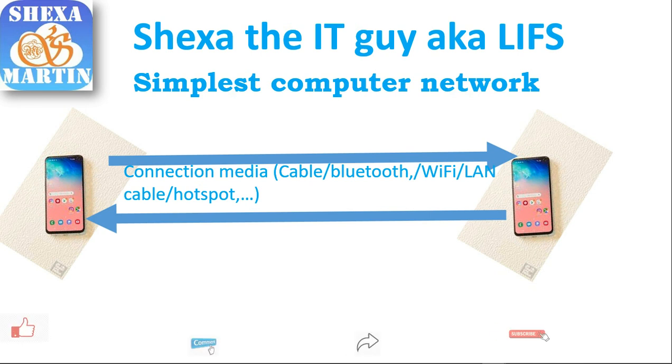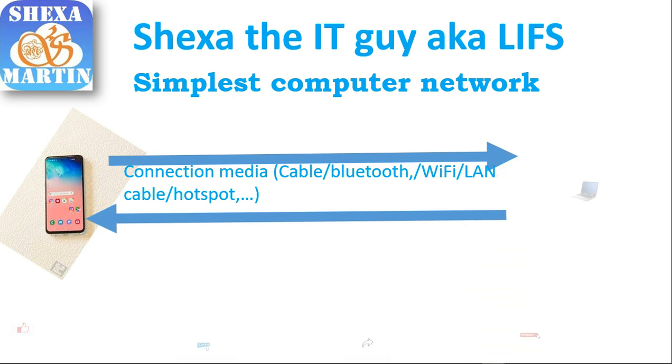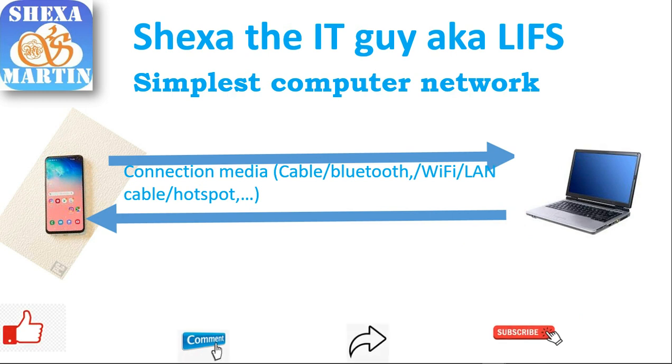A mobile phone connected to another mobile phone. What if we have a mobile phone connected to a laptop? Maybe the laptop is broadcasting Wi-Fi, and the mobile phone is connected to the laptop. Then we have a network.